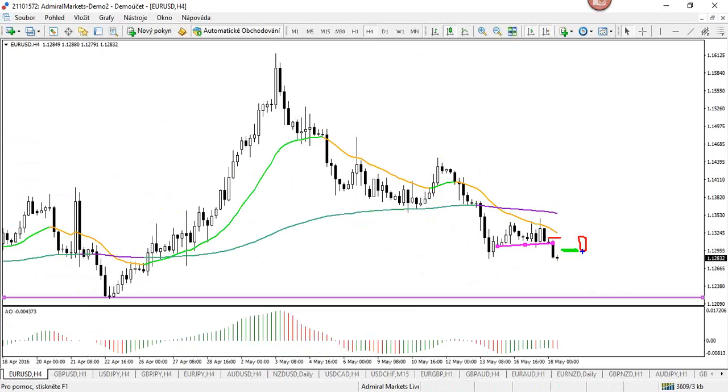I mean, it's a bit risky because it's tight, but it's okay. And this becomes my reward. Now, if I take it here, this becomes my reward, and this becomes my risk.